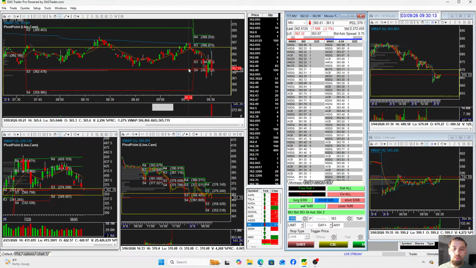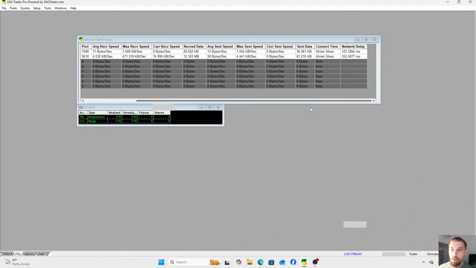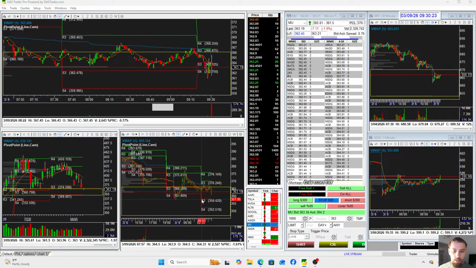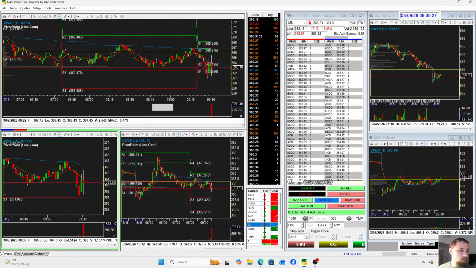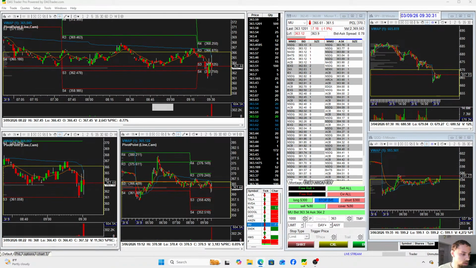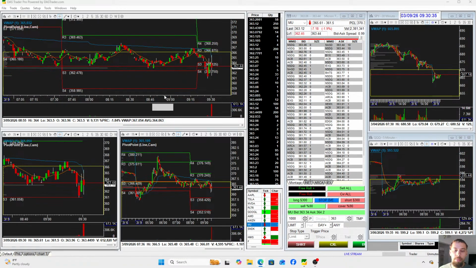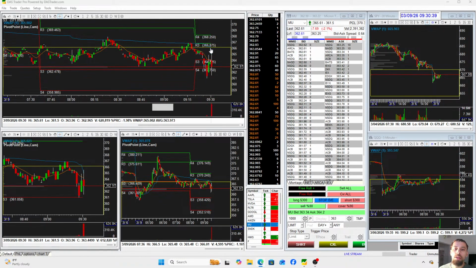So again, this is the 1 minute chart here. Just see, okay, the ping looks good. Zoom in here. Put that back to the 2. And again, this is right near the box already.